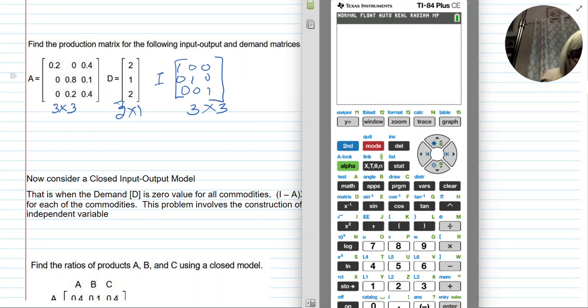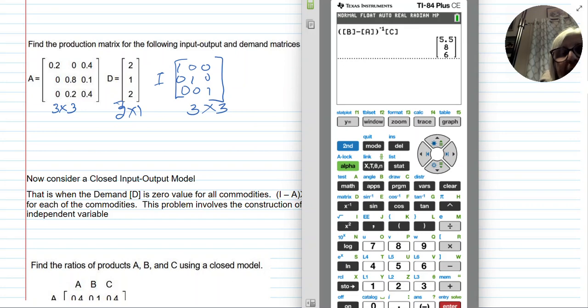Now I'm going to do our production, which is open parenthesis, second matrix, and I'm naming B, and I'm going to subtract second matrix, and I'm going to go to A, close parenthesis, X inverse, and then I'm going to go second matrix and C, and enter.